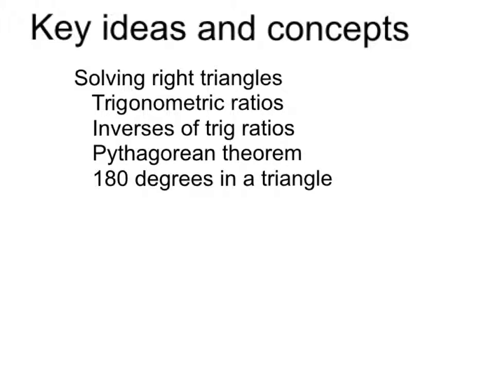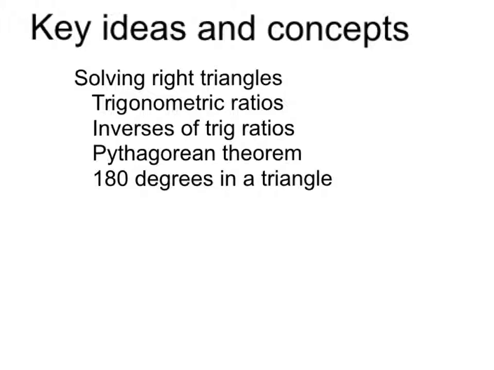All right, the key ideas and concepts for this skill really boil down to solving right triangles. If we're able to solve right triangles in a variety of fashions, we pretty much have been able to master all aspects of this skill. That means we should know our trig ratios.